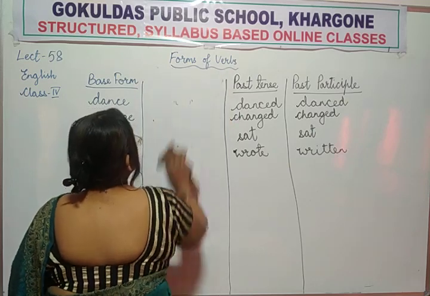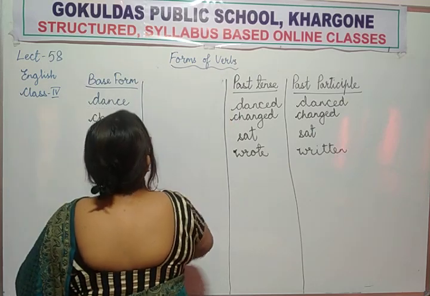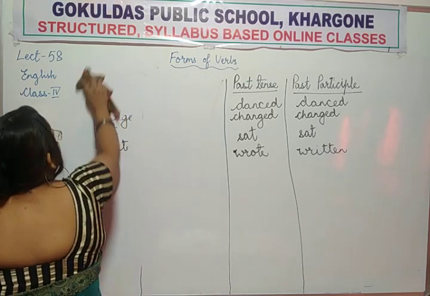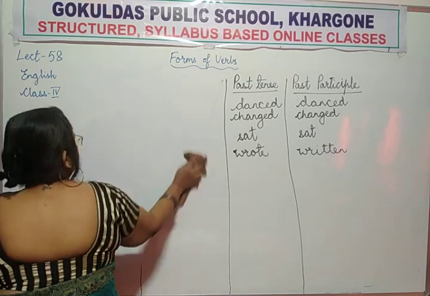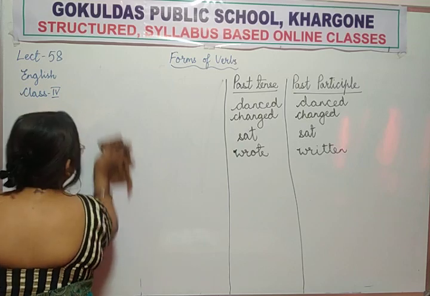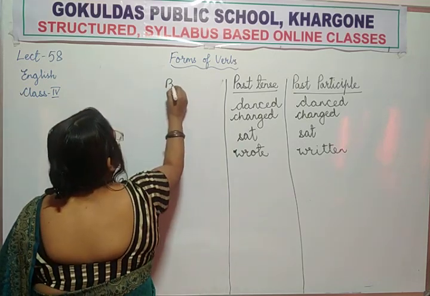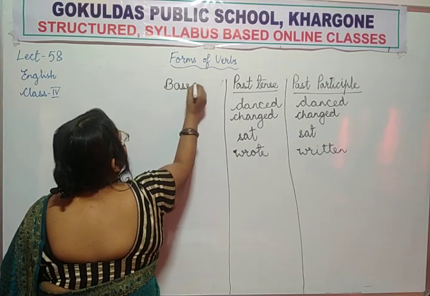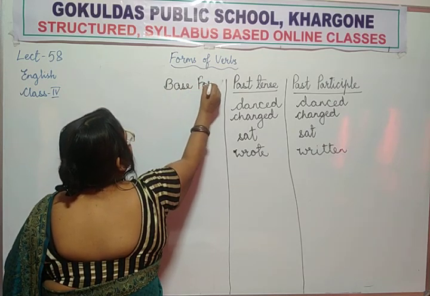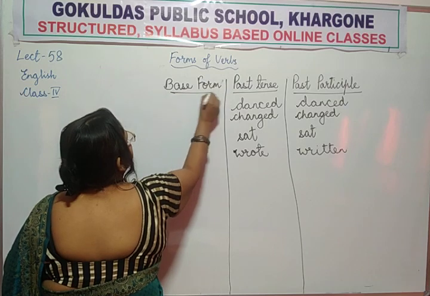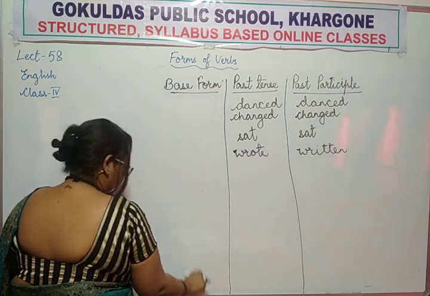So we remove this section. Okay, and we write base form here. Now we have 3 columns. So what is the base form?